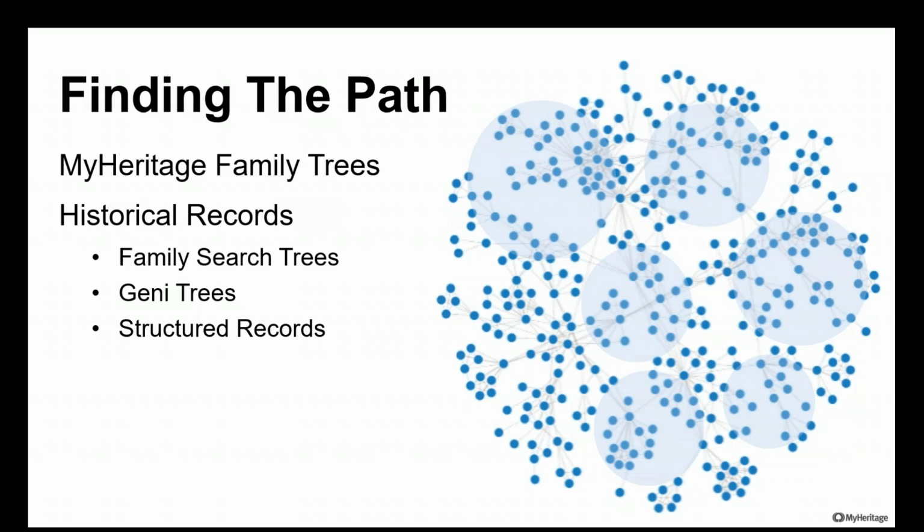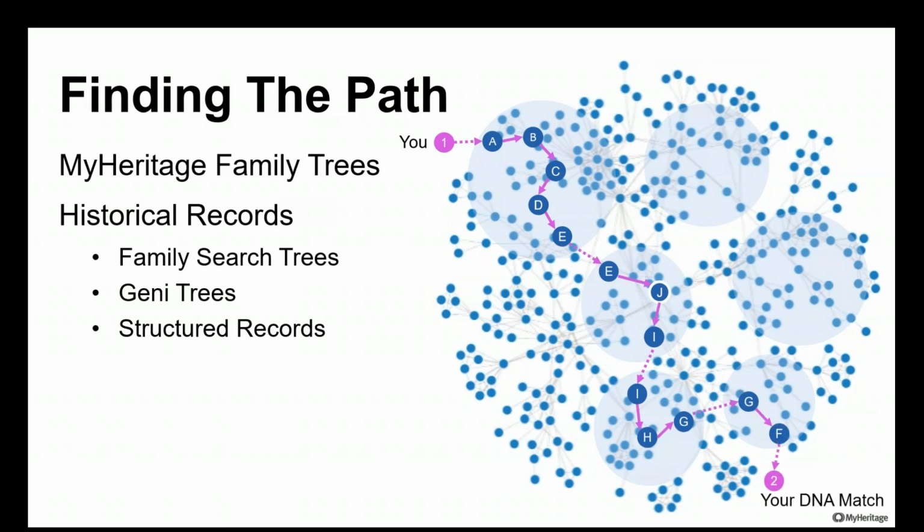We have the regular birth, marriage, death records that we all know, but we also have three very important collections: FamilySearch trees, Geni trees, and WikiTree trees. All those together allow us to start with you and jump from tree to tree and from node to node in order to find the possible path to your DNA match.